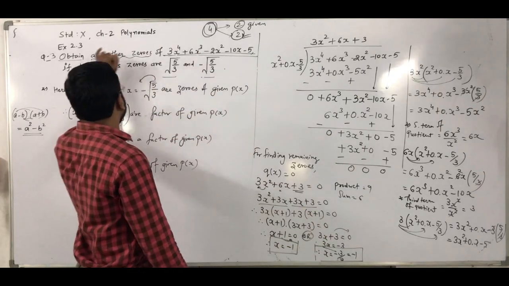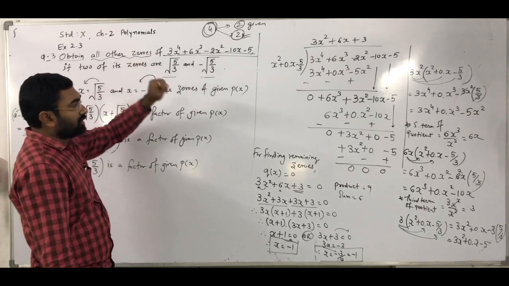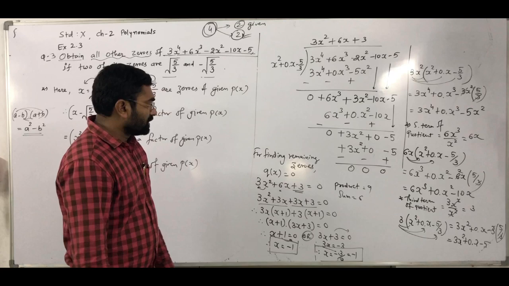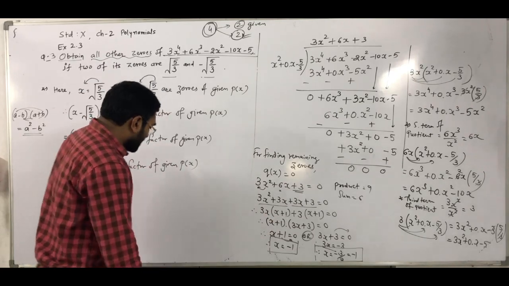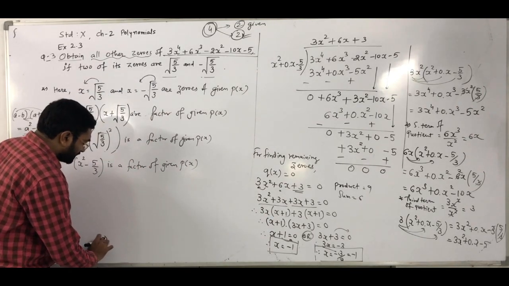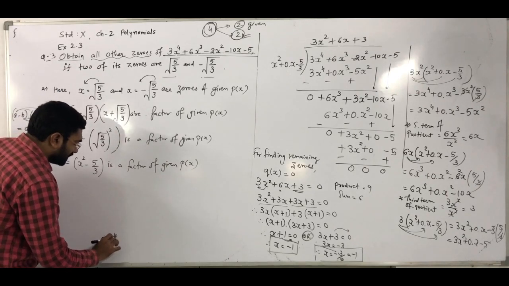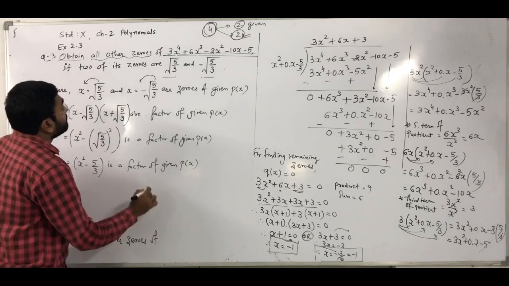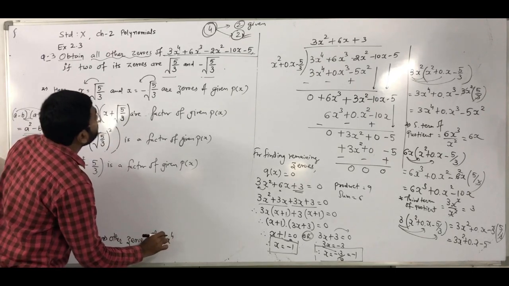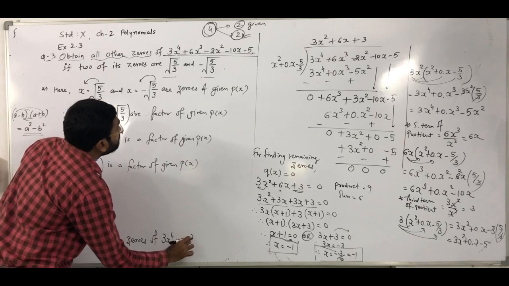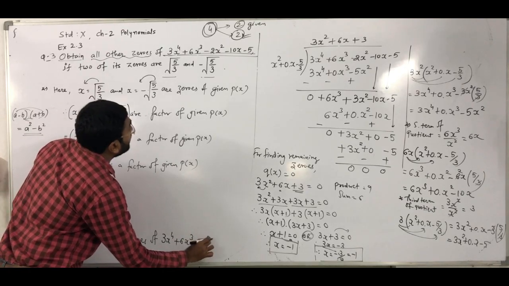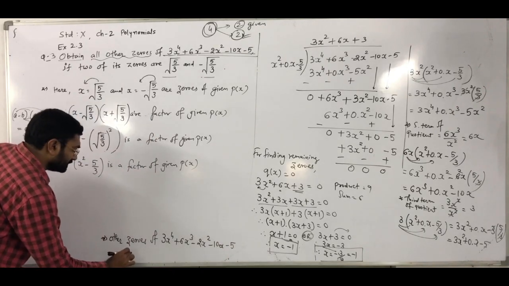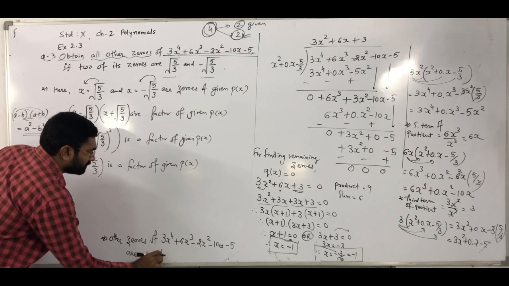As per the question, find all the other zeros. So two zeros are already given in the question, and the remaining two zeros are what? Minus 1 and minus 1. So at last in our answer we have to mention the other zeros of the given p of x, which is 3x raised to 4 plus 6x cube minus 2x square minus 10x minus 5, are minus 1 and minus 1.